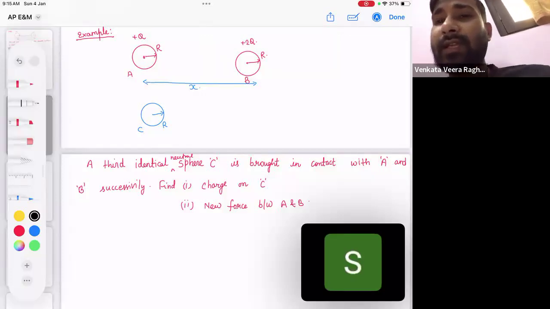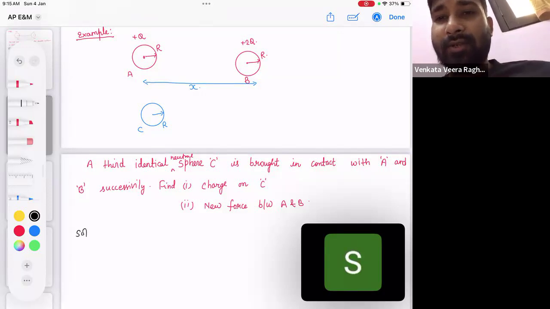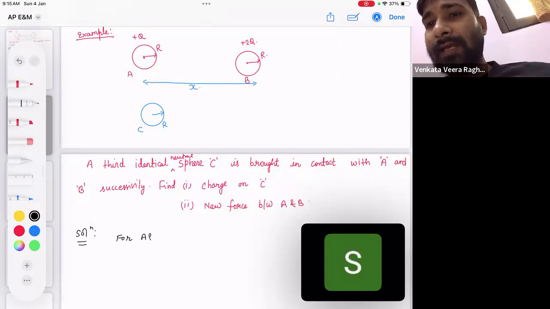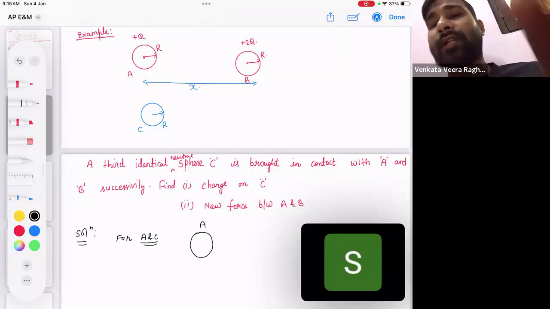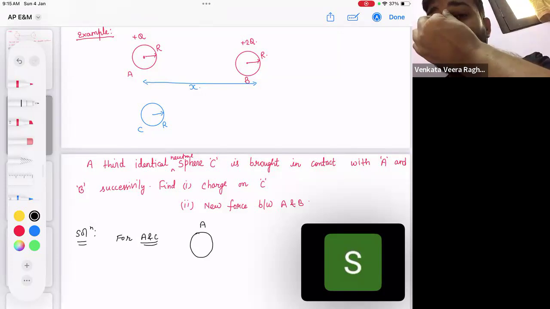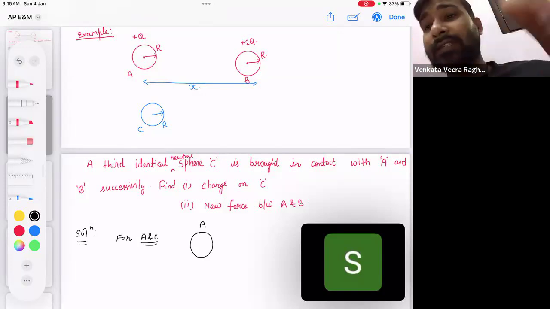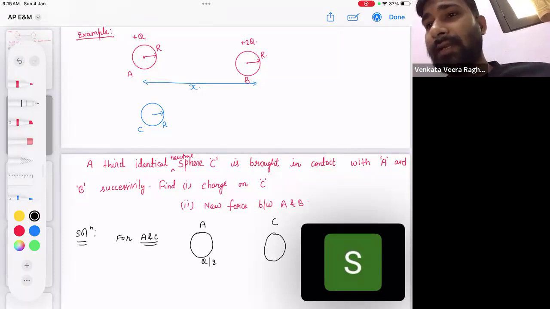So when A and C are brought in contact, finally the charge on A is half of the total, and C has zero charge initially. A has Q charge. So finally, A will have Q by 2 charge and C will also have Q by 2 charge.